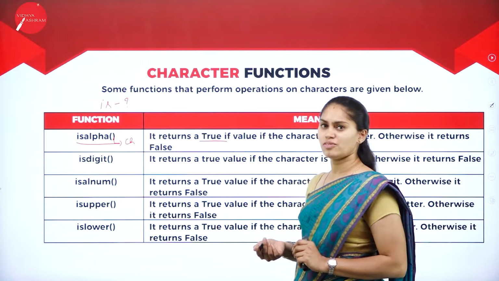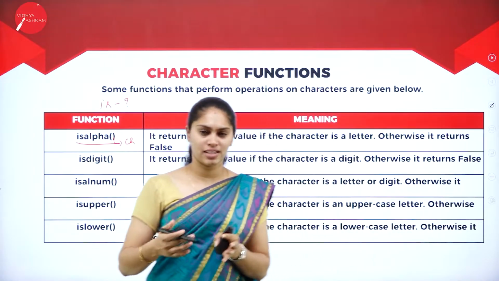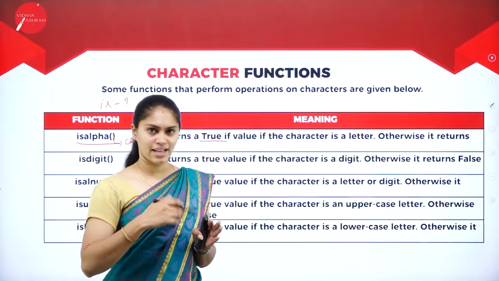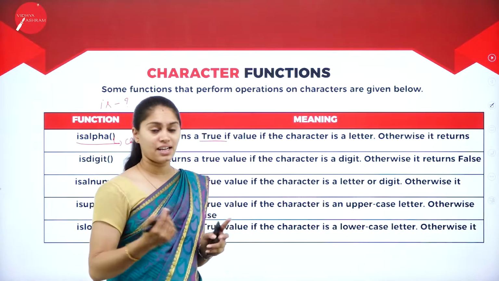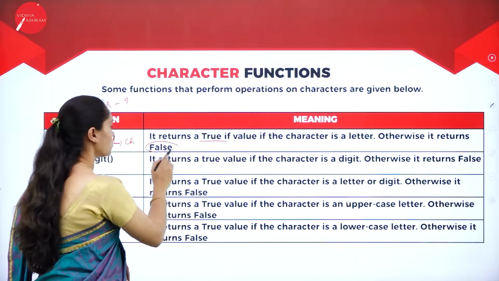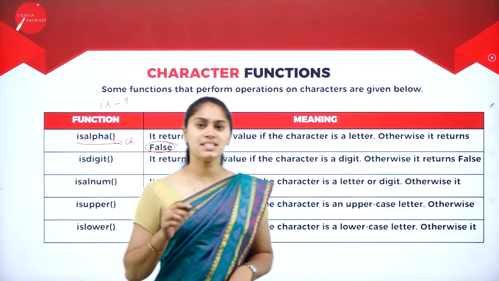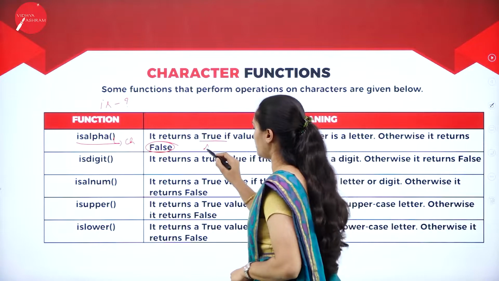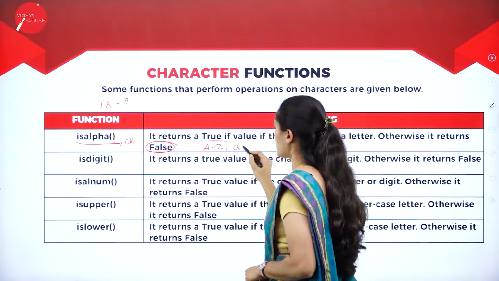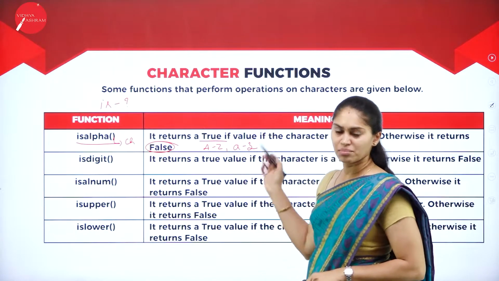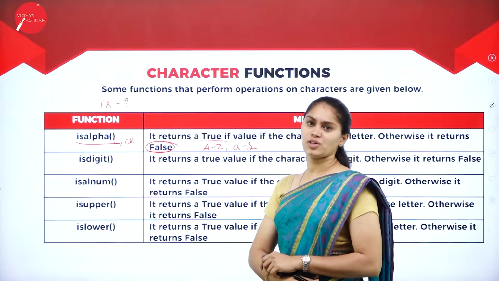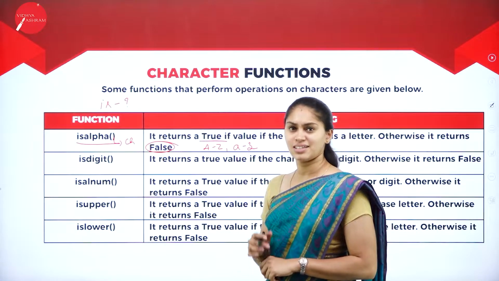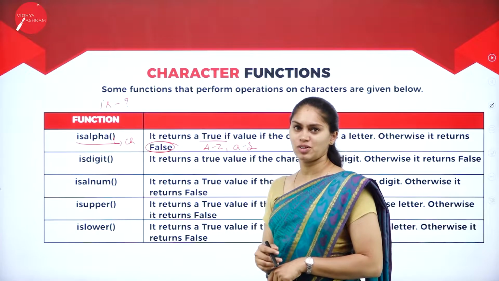If it is not an alphabet, not related to A to Z or small a to z, then it will return a false value. So it may comprise a capital A to Z or small a to z value. If I give that as an input or argument to the function, it will consider that as true. Otherwise, it will return false.